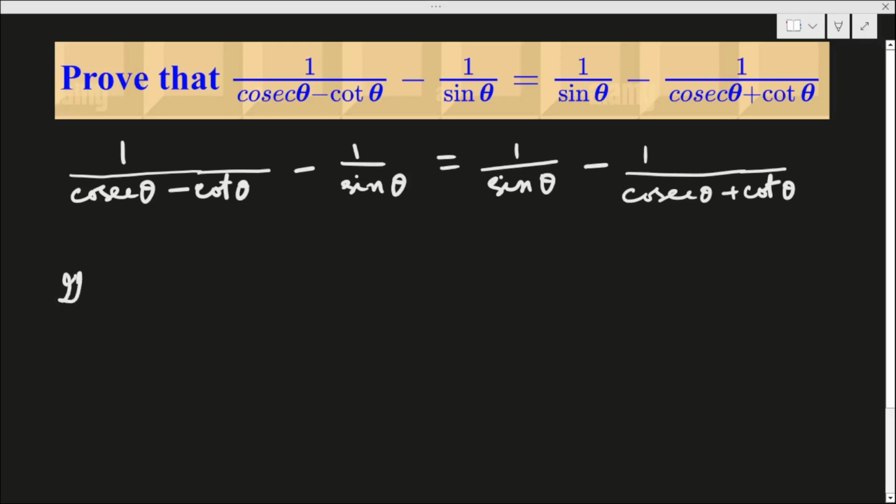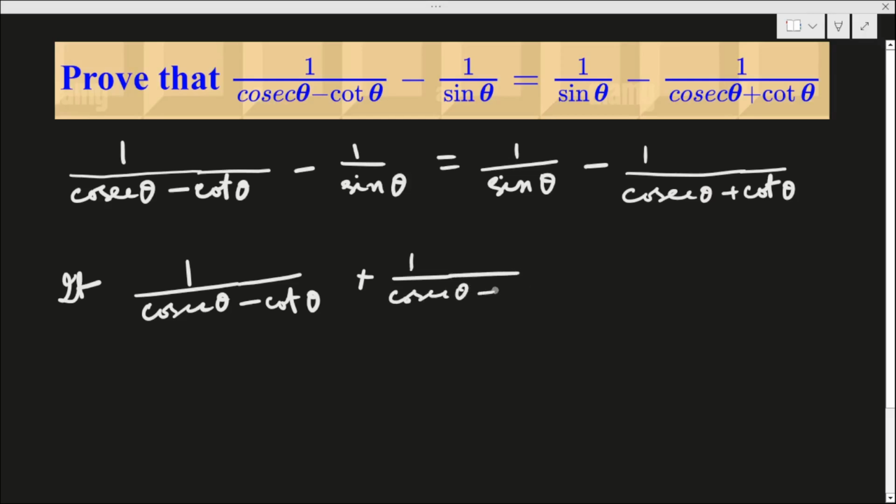That means if 1 by cosec theta minus cot theta plus 1 by cosec theta plus cot theta is equal to 2 by sin theta, and that condition is proved, then transferring 1 by sin theta to the left and transferring the second term to the right, the original question will be proved.